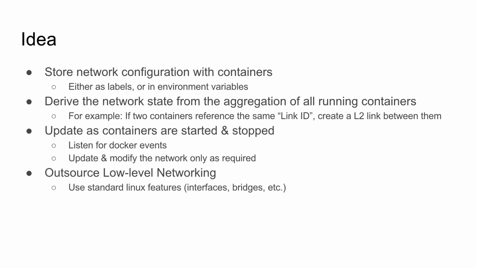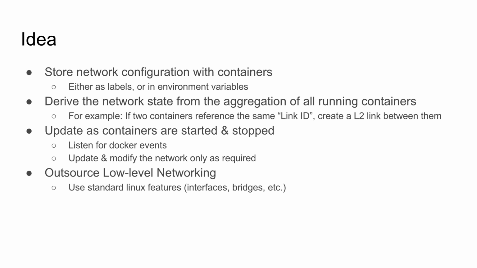And basically whenever a container is started or stopped, go directly off of the labels for building the network. So just to read down the slide: storing the configuration in the containers. We then run Spanneti, and it listens to Docker, watches the containers, and derives the network from that.